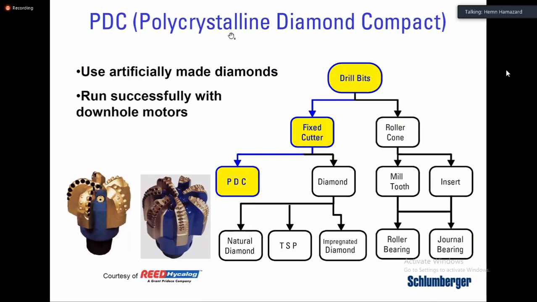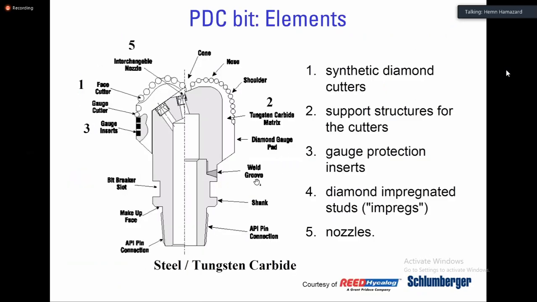The elements of the PDC bit: it's very important for any drilling professional to memorize all the parts of the PDC bit, because you will need this for a lot of analysis and drilling bit grading while drilling any well, especially for drilling engineers.